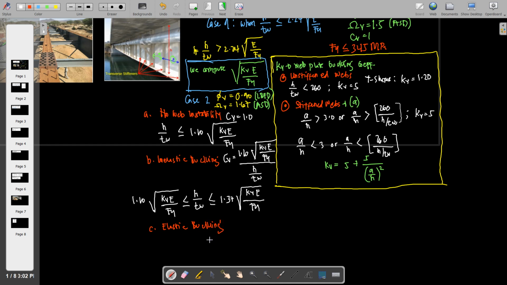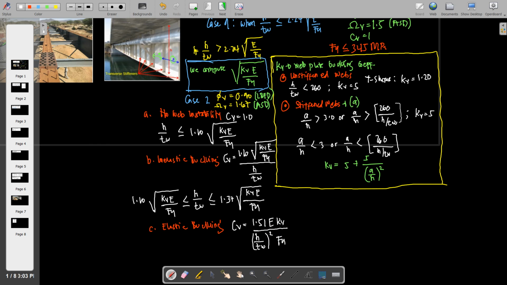Okay? So, this time, we compute CV is equal to 1.51 times E times KV all over H all over TW, this is squared, multiplied by our Fy.